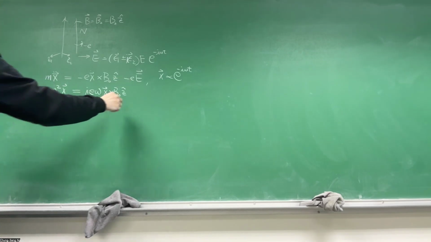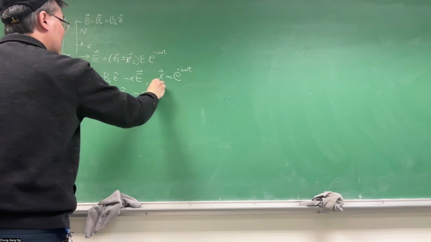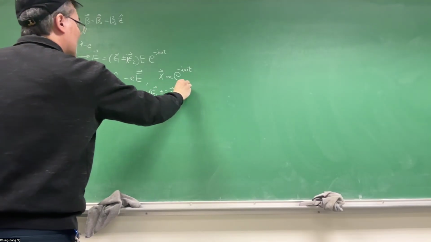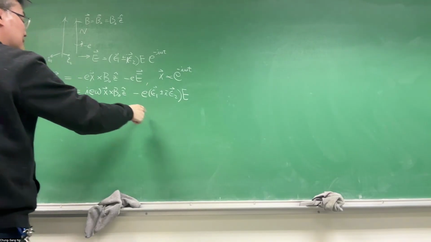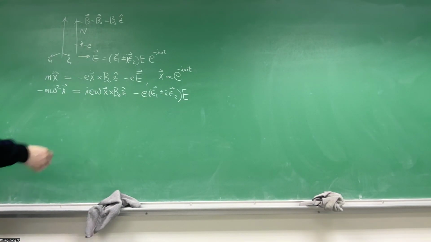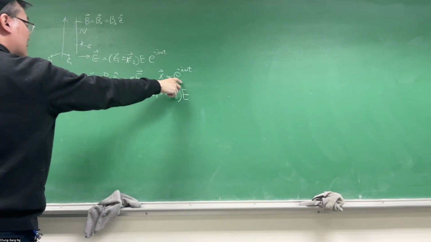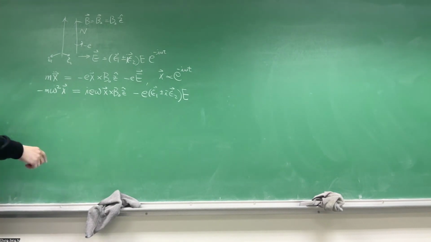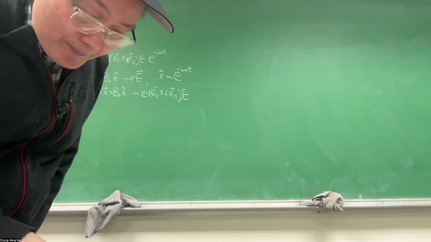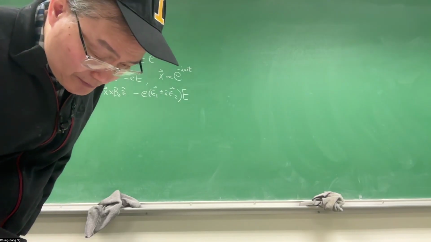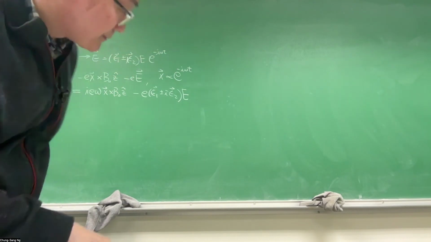Calculating, minus e, and using this one here, epsilon 1 plus or minus i epsilon 2, times magnitude E. The idea is that we have to figure out the time dependency, so you need to figure out what the x vector will be proportional to.